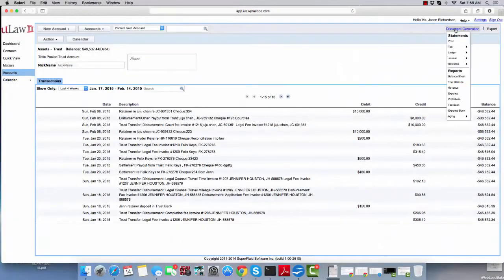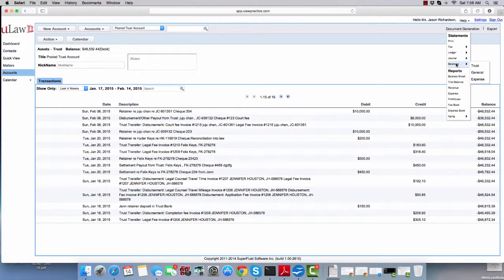So a final summary: for the Law Society, you need to do document generation, balances, trust, and a FeeBook on a very regular basis. For the state of your business, what you really owe to yourself, you need to go to balances general, the balance sheet itself, and we also recommend you do an expense book, and finally an aging of receivables.